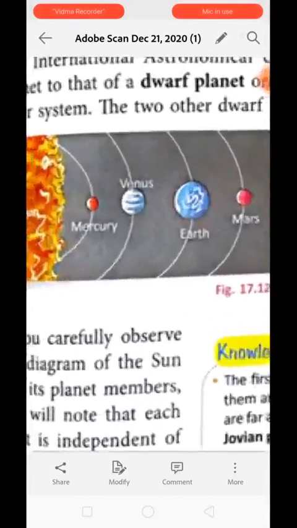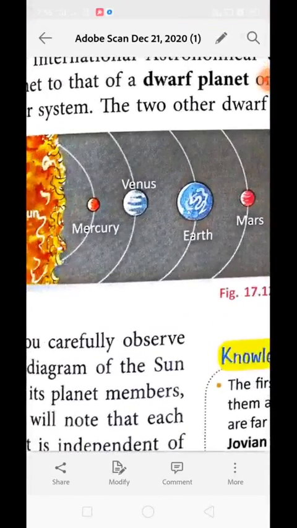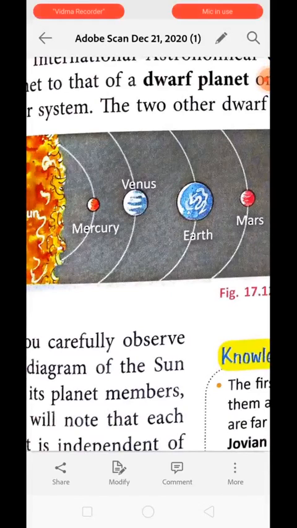See over here, these 4 planets closer to the sun have smaller orbits, and they are also very dense. So these are called terrestrial planets. What is a terrestrial planet? The first four planets nearer to the sun have a solid crust on them and are called terrestrial planets.